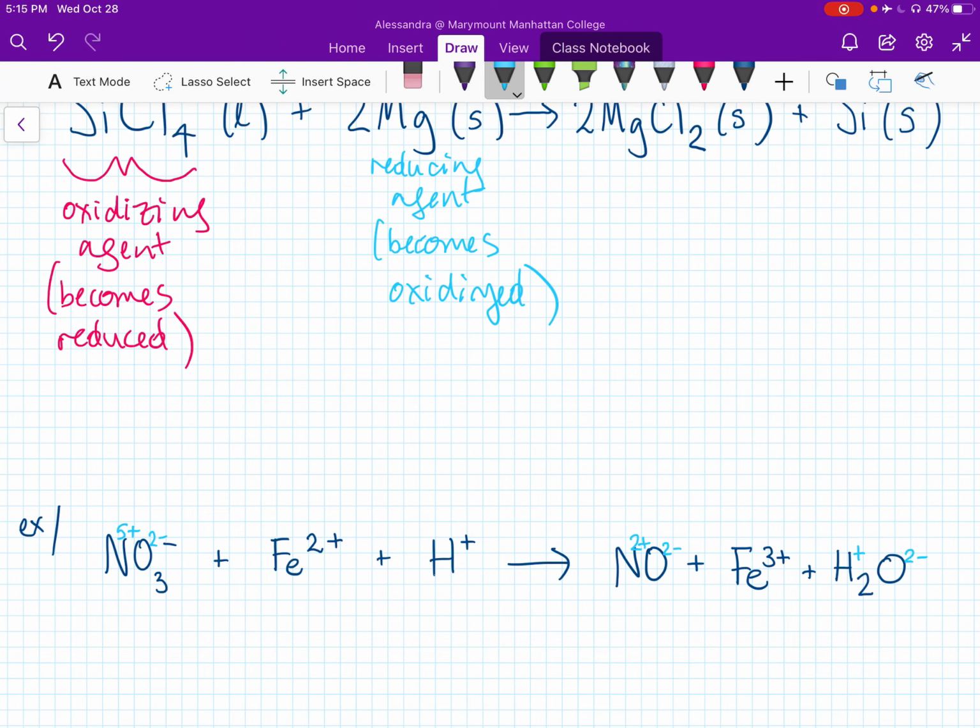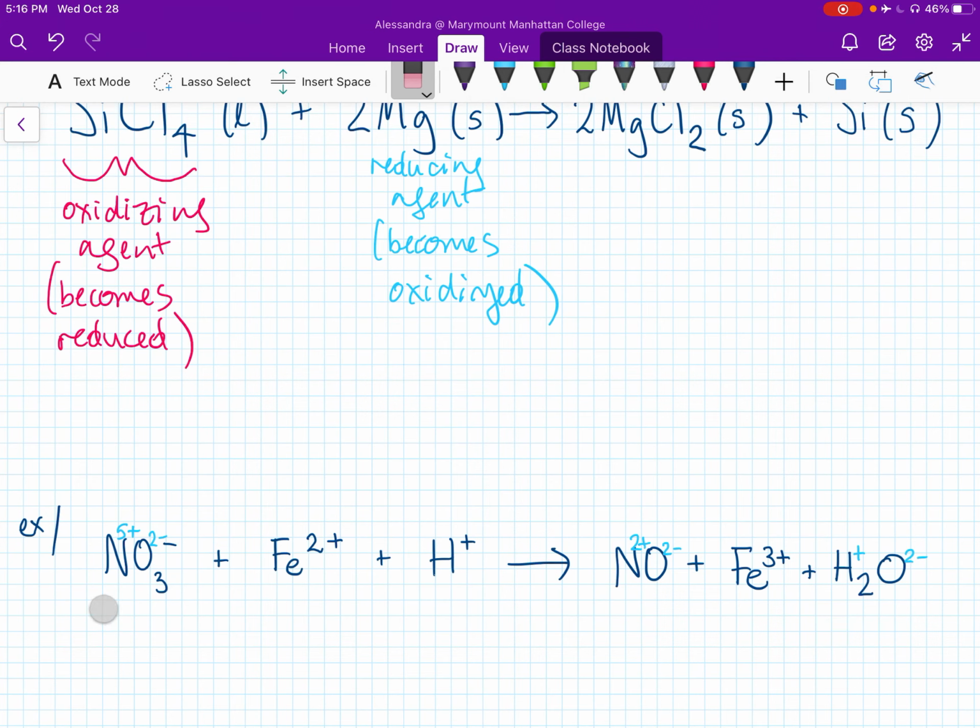So now, let's look at what's changing and what isn't. Going from left to right, oxygen is 2-. The oxidation state of oxygen is not changing. The oxidation state of hydrogen is not changing going from left to right. You can see that it's +1 on the left and +1 on the right.